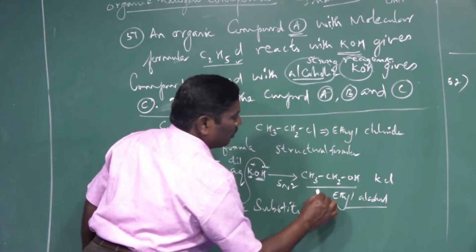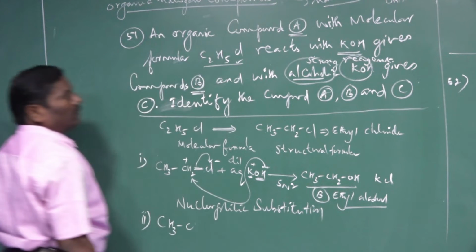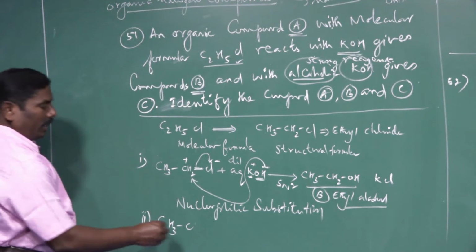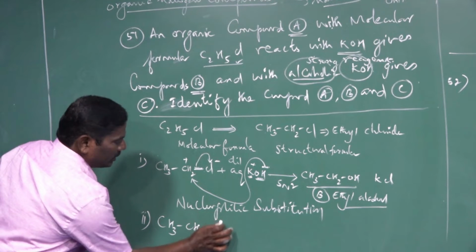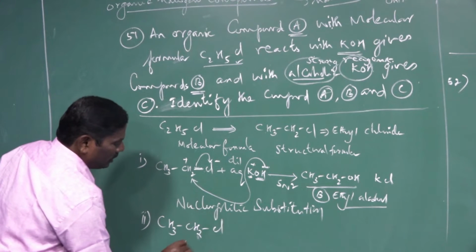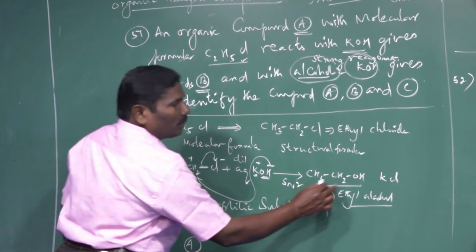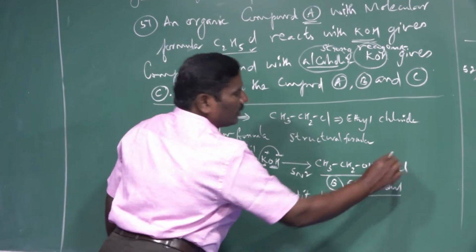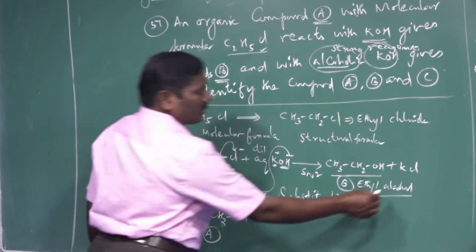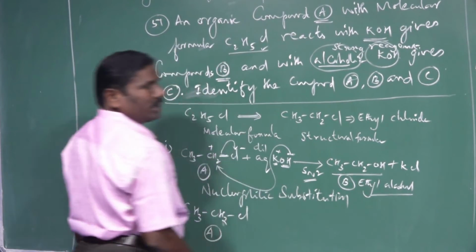You write it now, the compound B. The same compound A, CH3CH2Cl, is compound A, and this is compound B. This is followed by the nucleophilic substitution reaction, that is, the SN2 mechanism.